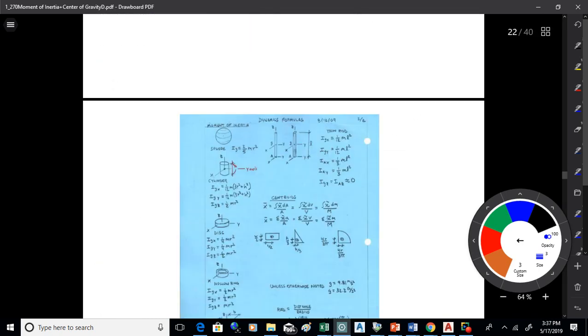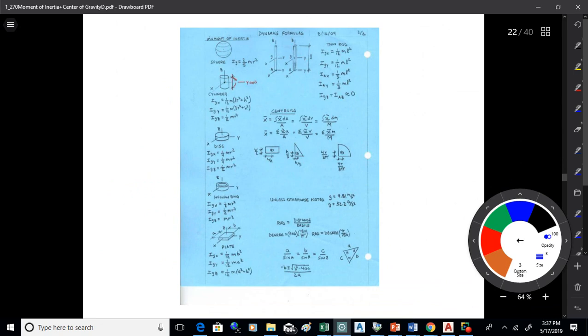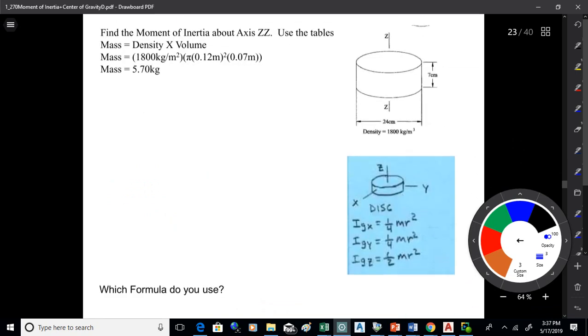Here's the back of the formula sheet. I'm going to go to a disk, which is what I'm dealing with here, and you just have to pay attention to the axis you're talking about.